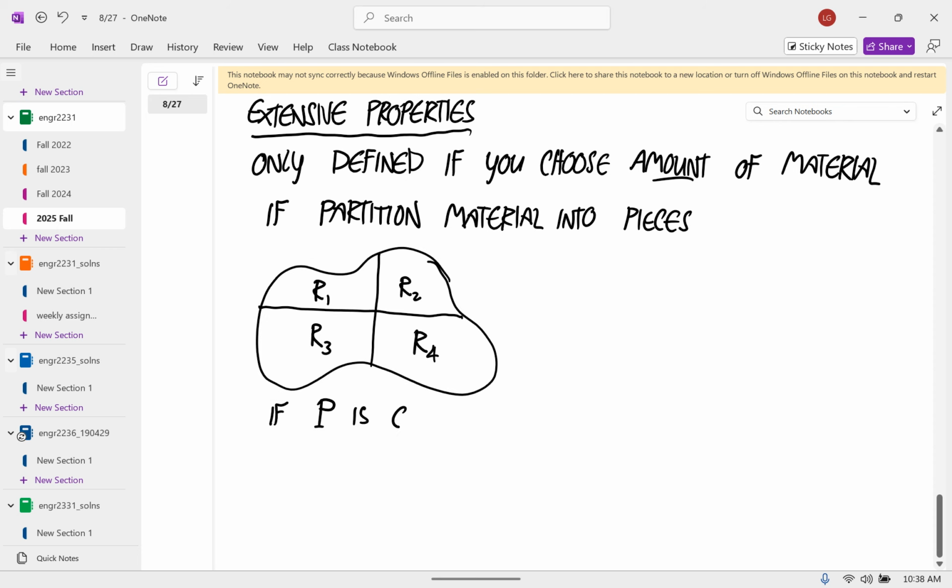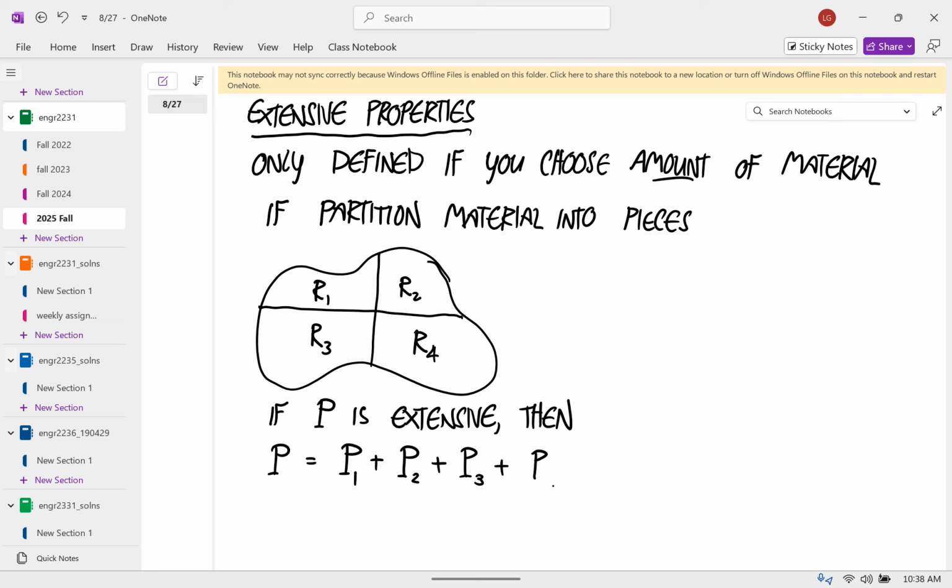So if P is extensive, then the total P of the whole material is equal to P for region 1 plus P for region 2 plus P for region 3 plus P for region 4. Yes. Is mass extensive? Yes, exactly. Volume, mass, those are both extensive.